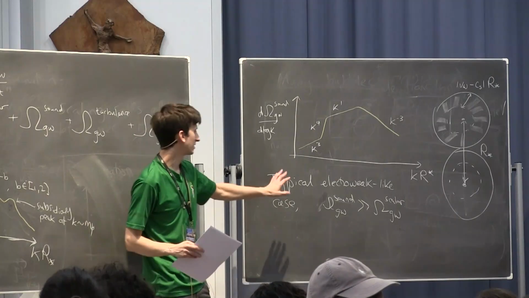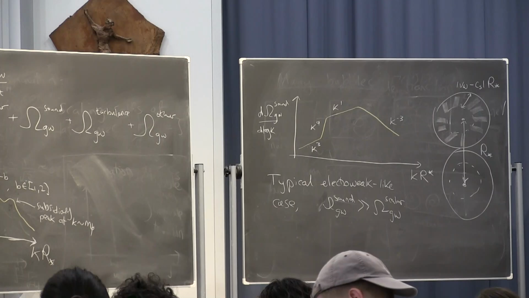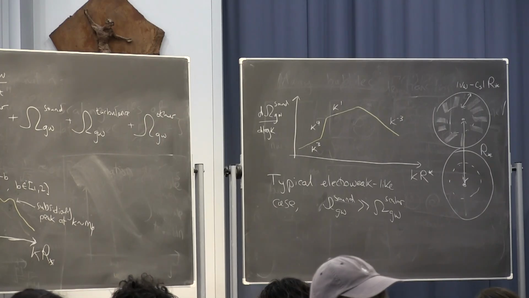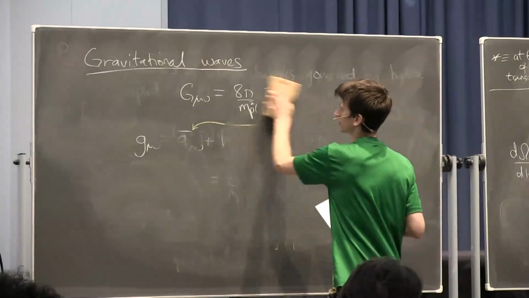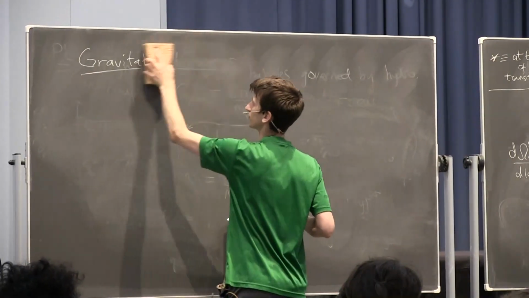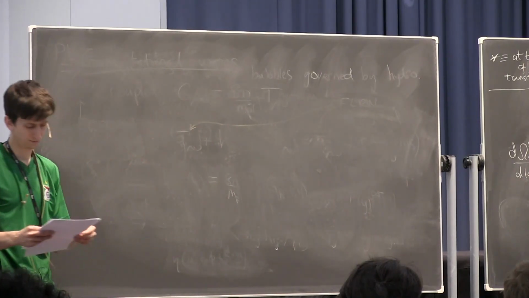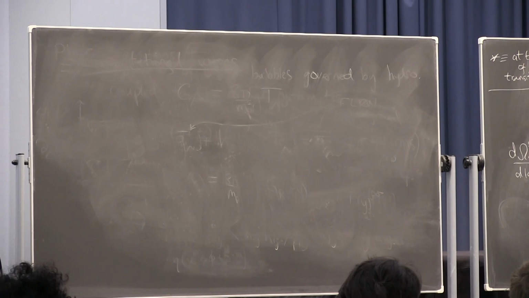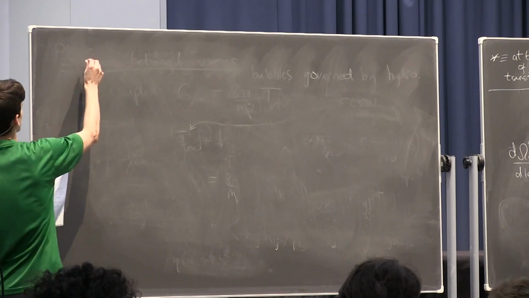Which is maybe not what you'd guess: the sound waves are much more efficient, producing much more gravitational waves than the scalar field itself. This is essentially because the scalar field is short-lived in comparison to the sound waves, and we can see that by having a little bit closer look and doing some order of magnitude estimates and some scalings.